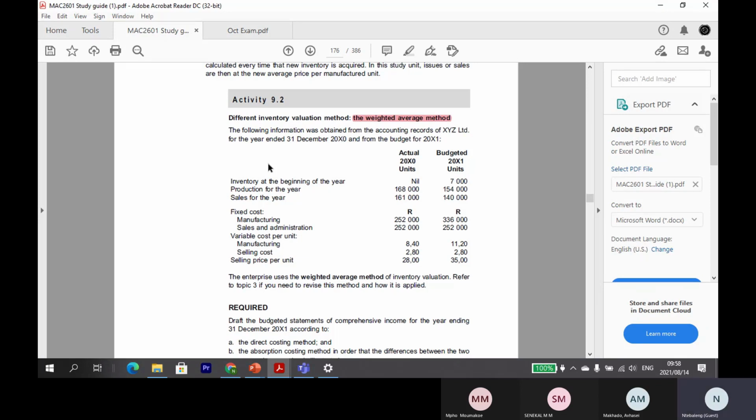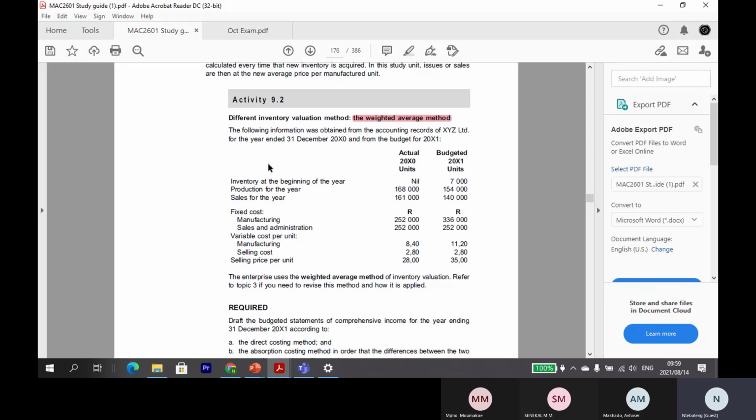However, we are estimating for 2021 we're going to have 154,000 units. How much did we sell in the current year? 161,000. And we are estimating that for 2021 we're going to sell 140,000 units. Cool. So those are the units.